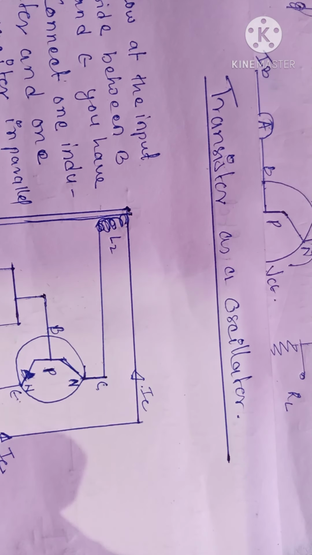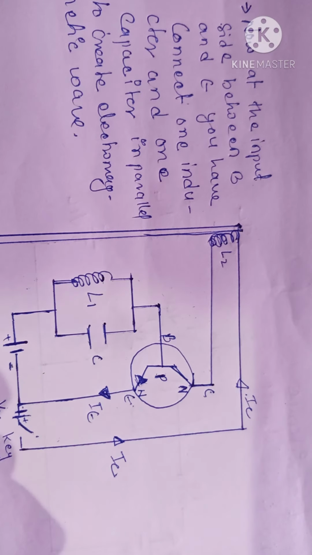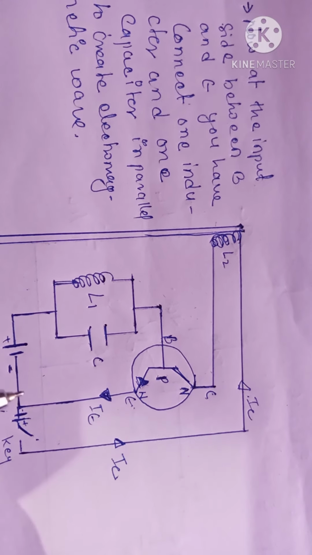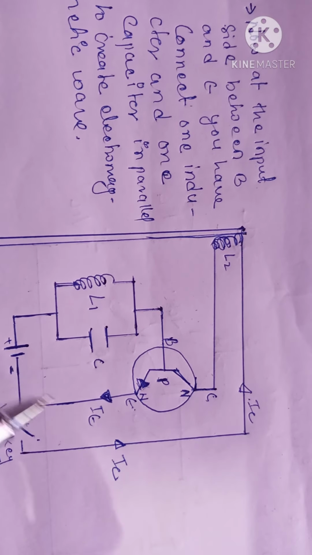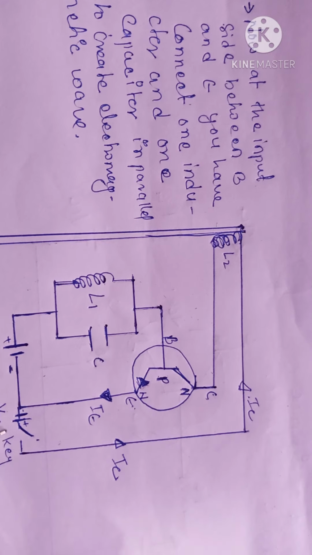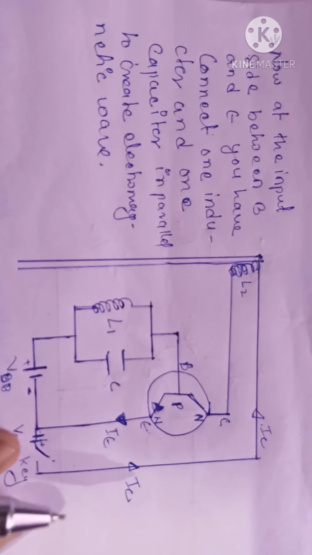The emitter and base are connected with the VEE battery, which provides forward bias, and the collector is connected with VCC, which provides reverse bias.